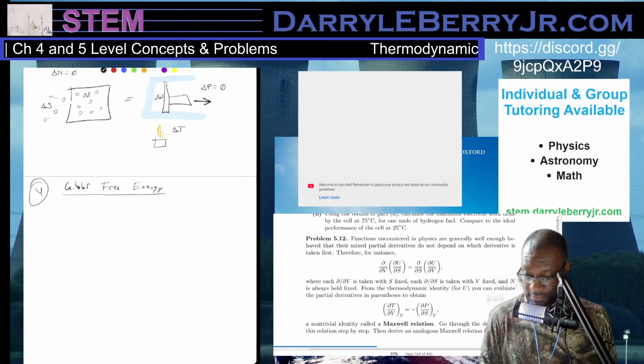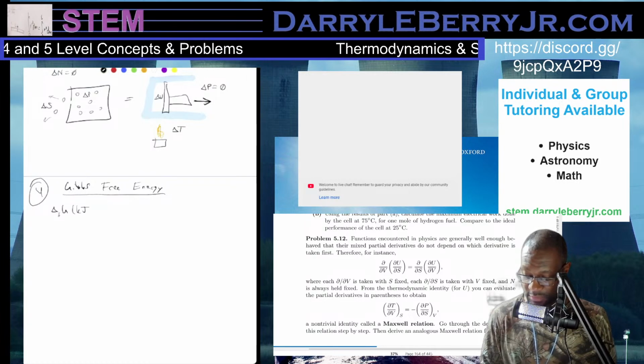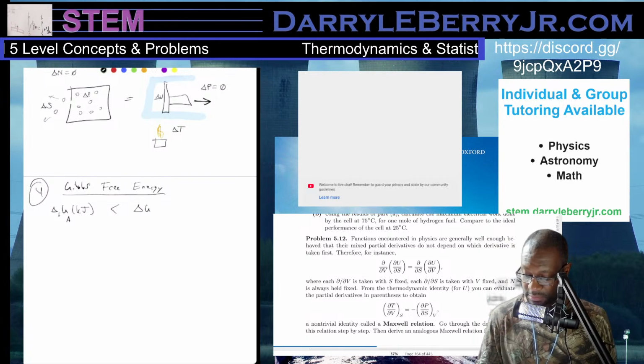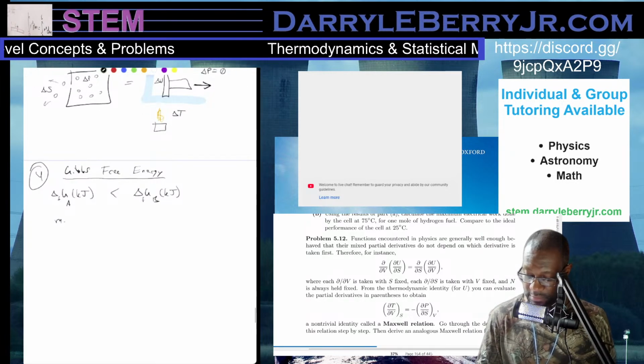So if change in G in kilojoules, A is less than change in G B in kilojoules, then this is more stable and this is less stable.